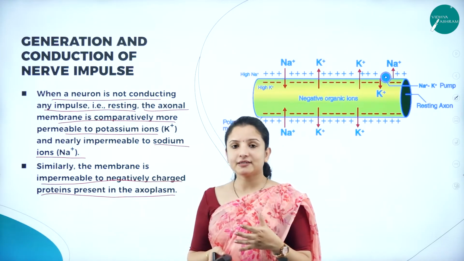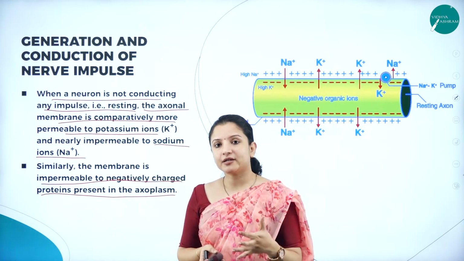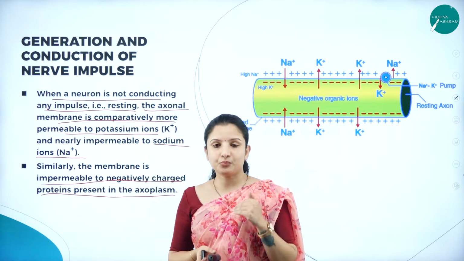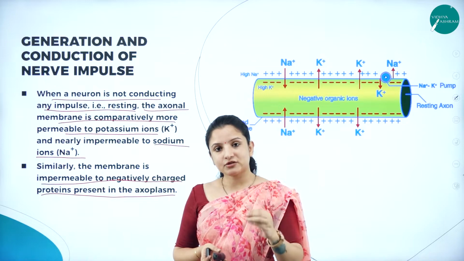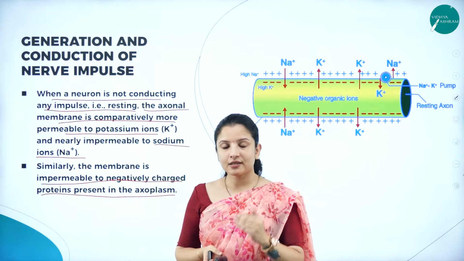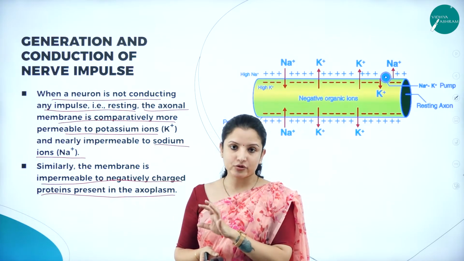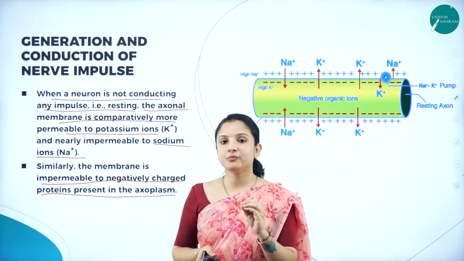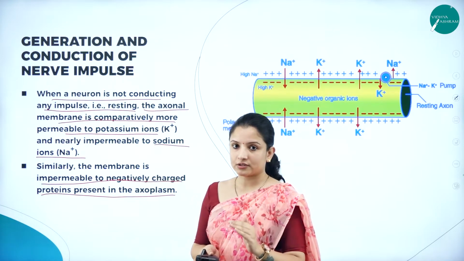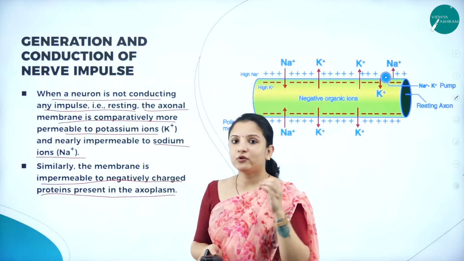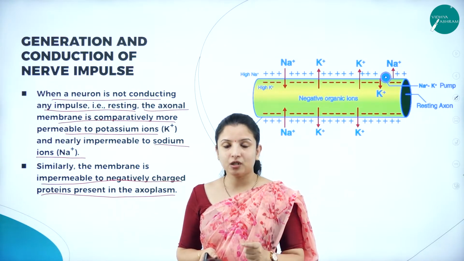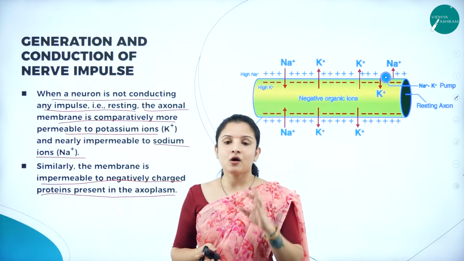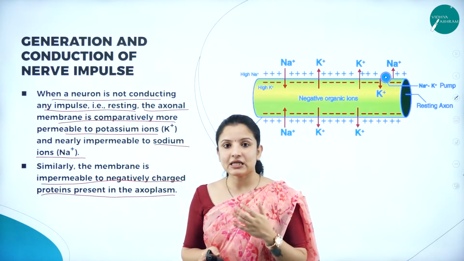So, what did we understand? In the previous slide, we understood that the axon is always in a polarized state, and the axon is covered by a membrane. That membrane has many ion channels, and those ion channels are selectively permeable to only certain ions. Now, to what type of ions are they permeable when the nerve cell is in a resting state, or not conducting any impulses?